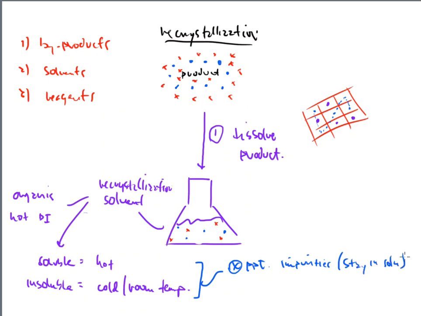That is what we want with our recrystallization solvent. So if I take this product and I dissolve it, and it frees up the impurities, those impurities swim around in my flask, and they're going to stay in the flask because my recrystallization solvent hopefully will persuade those impurities to stay in solution.